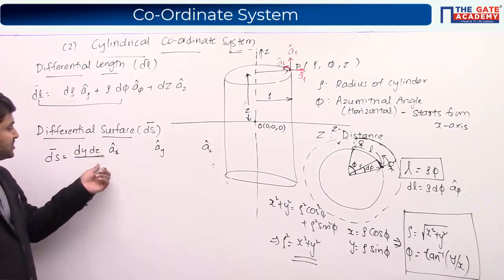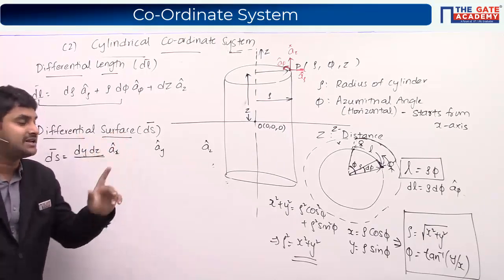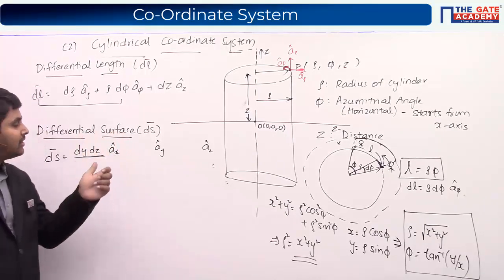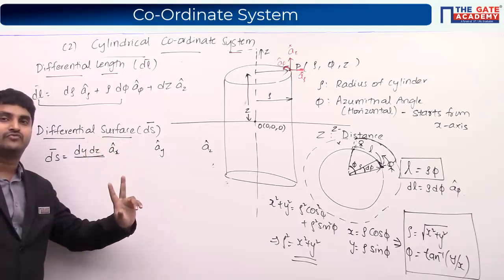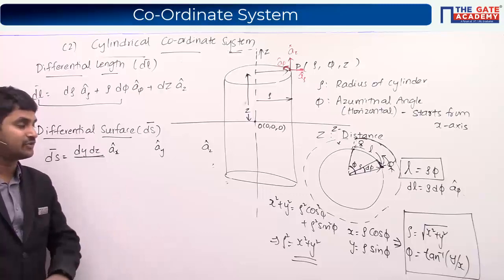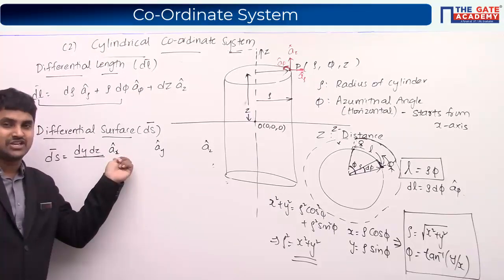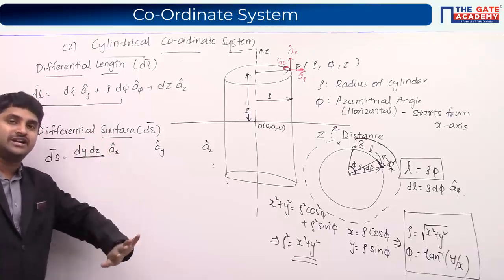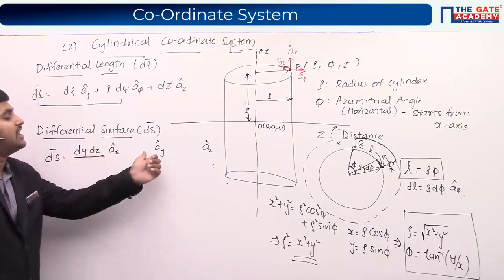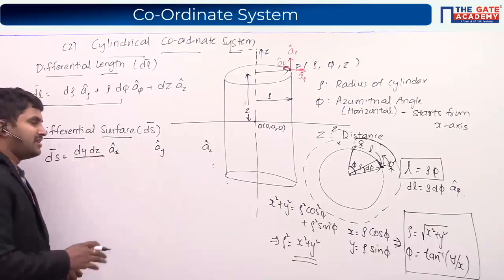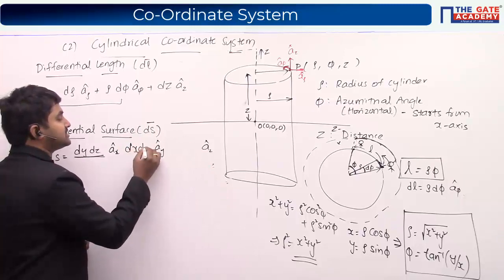It means that whenever you are considering a particular direction, we forget about the change in that direction and focus only on the change in the other two coordinates. Please listen carefully. If I am talking about the x direction, then I will consider x as constant and I will only see the change in y and z. Similarly, if I see the y direction, then I will forget about y and see the change in the remaining two coordinates.